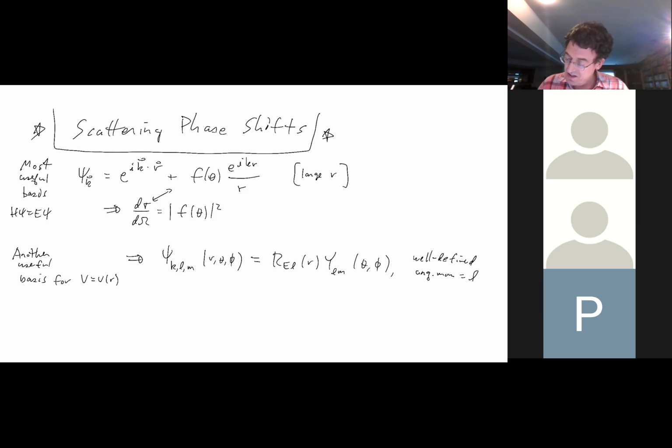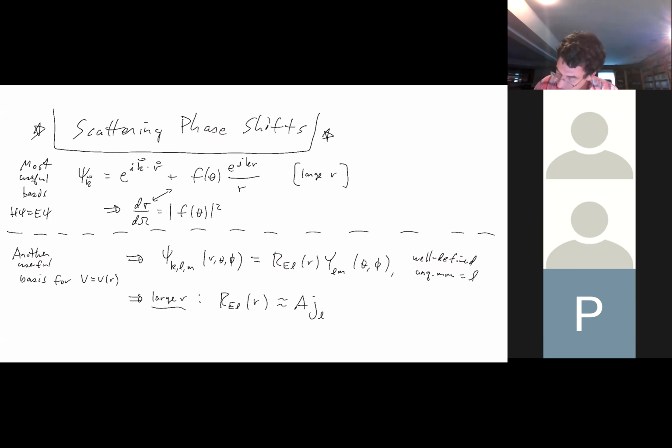Because you see, the scattering basis, the first one that I wrote, does not have well-defined angular momentum. I'll put a dashed line between them, since these are two different bases. For this bottom basis, at large r, far from the potential, the radial wave function is approximately some constant times a spherical Bessel function plus a phase shift.